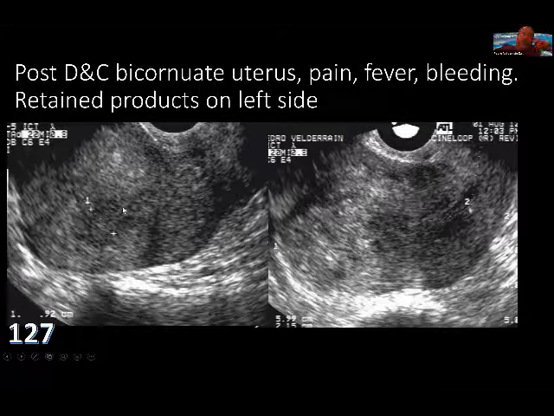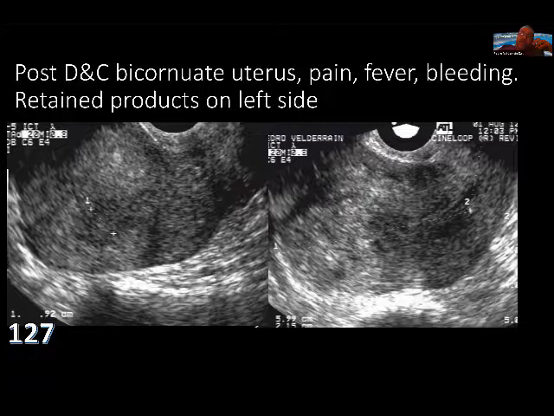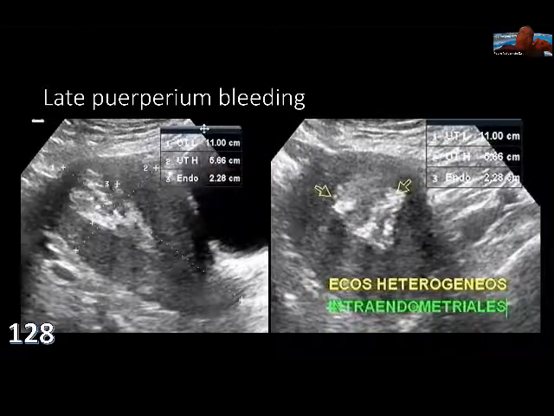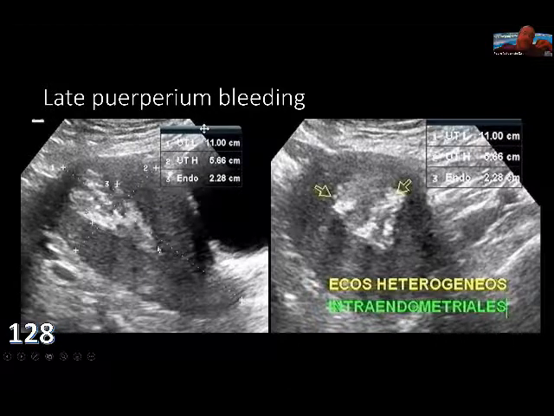So a bicornuate uterus, which was partially evacuated, the endometrium is thick on one side, which means on that side there's a leftover. And that can happen after birth with retained products of conception on the endometrium.